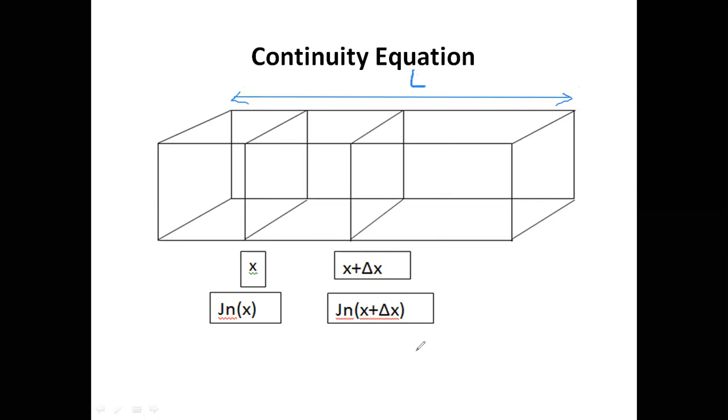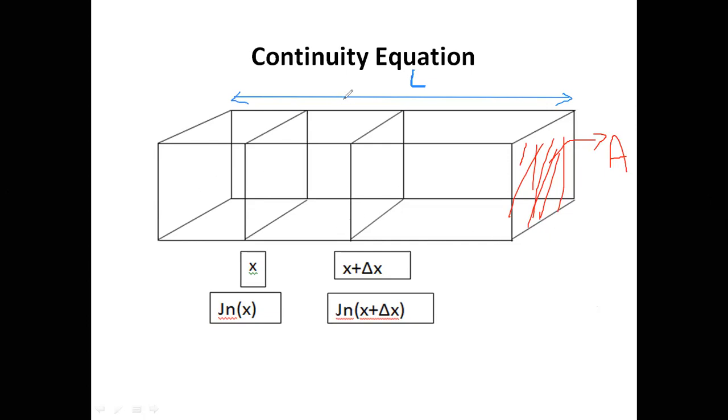Suppose it has a cross section area of A. Since I'm taking it as a cube, the cross section area doesn't differ throughout the semiconductor.